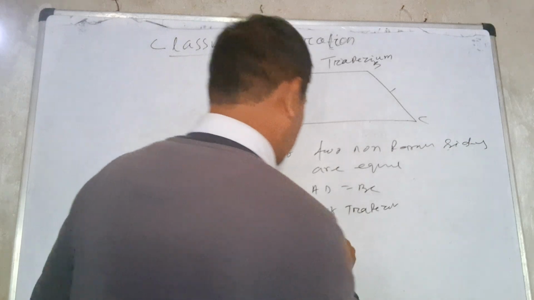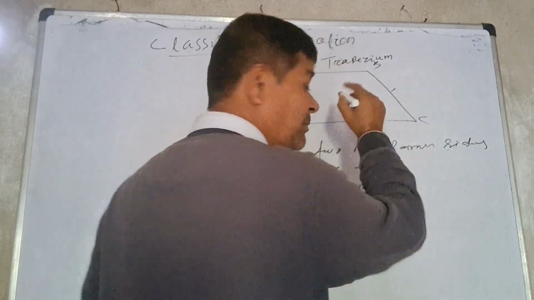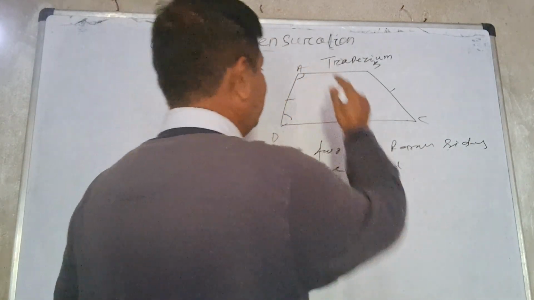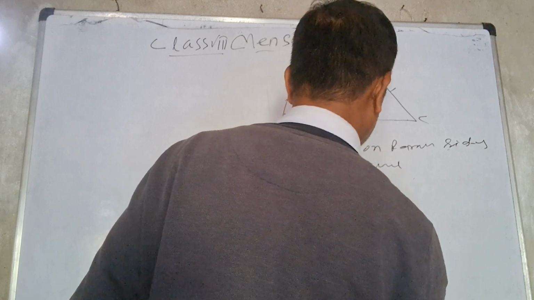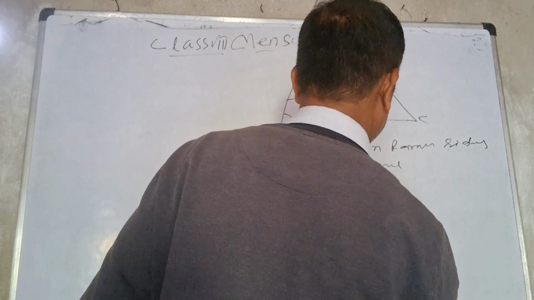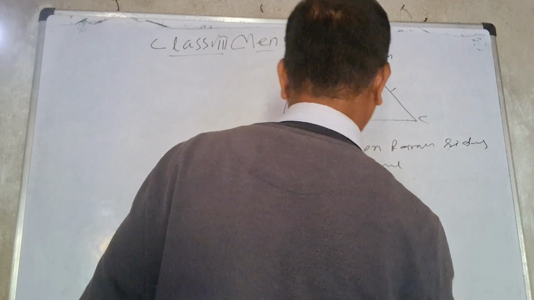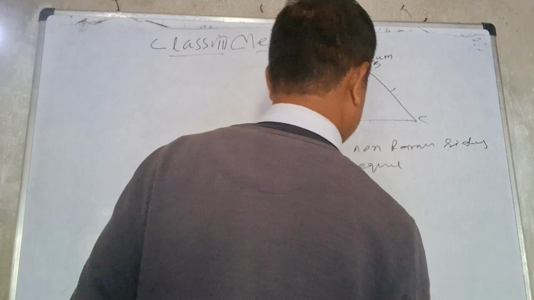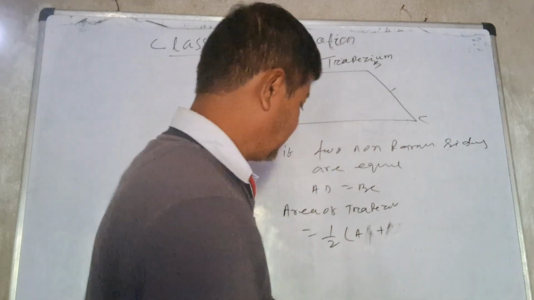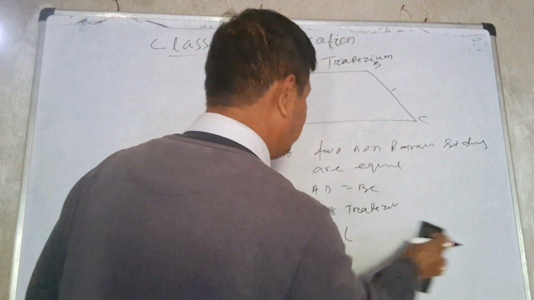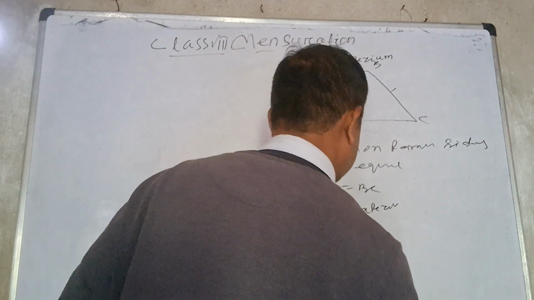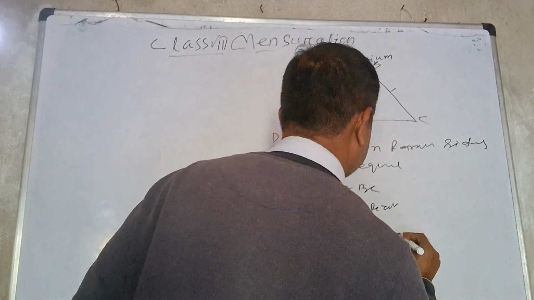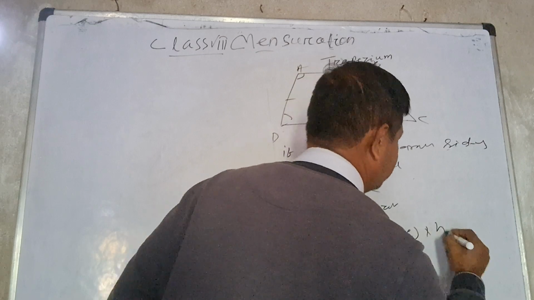Area of the trapezium equal to half into sum of parallel sides. Sum of parallel sides means AB plus DC, sorry, AB, not AD. So half into AB plus DC into height.